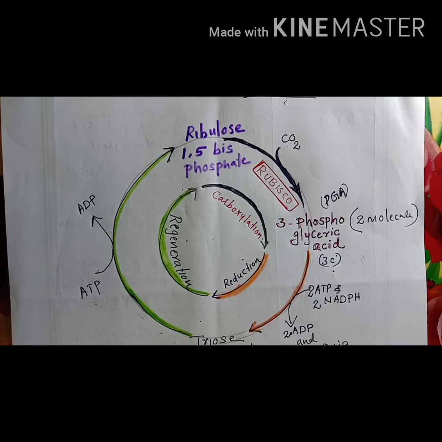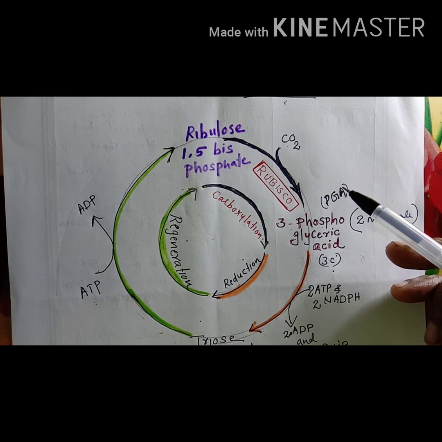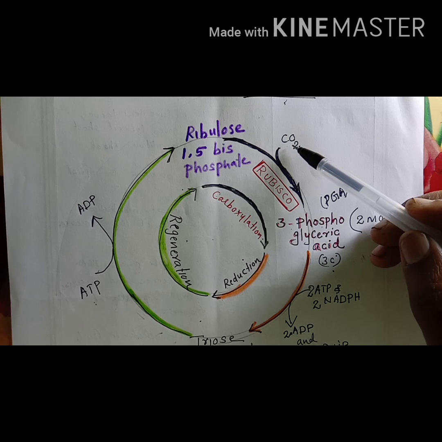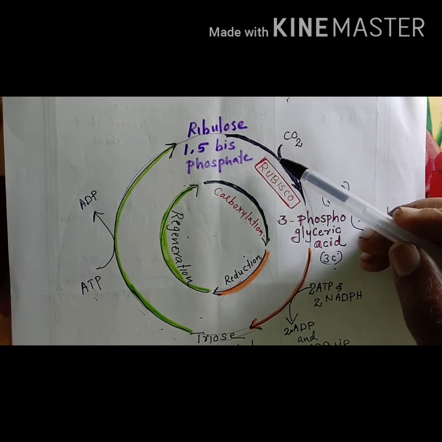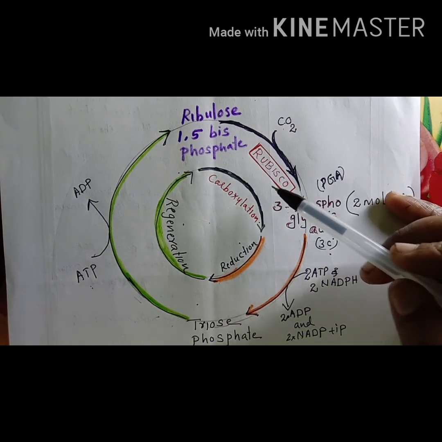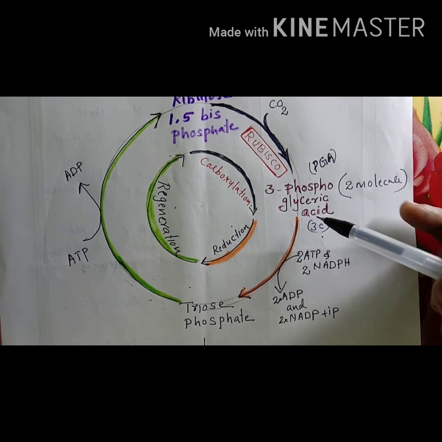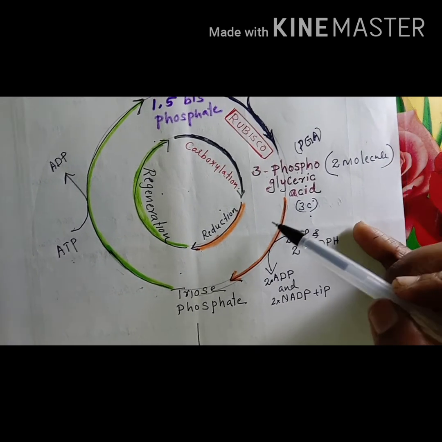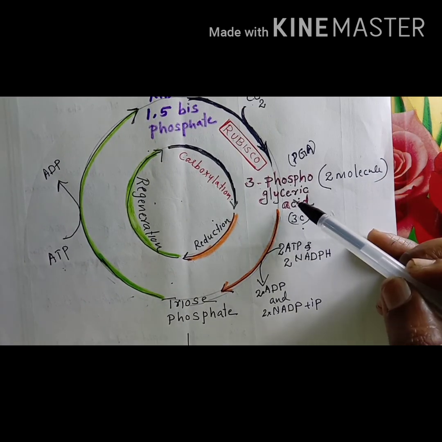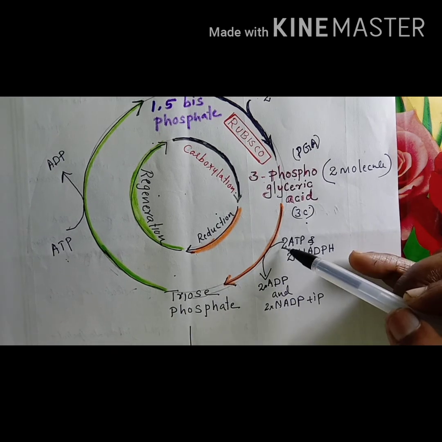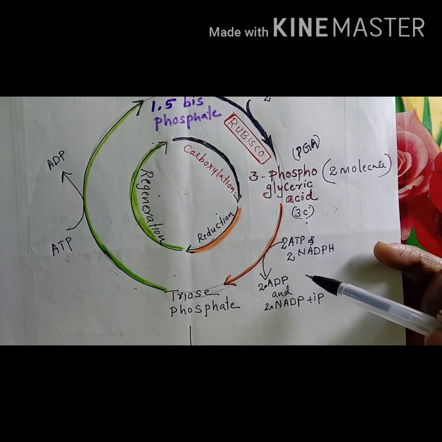Next comes how many ATP and NADPH are utilized for the fixation of 1 molecule of carbon dioxide. Here we have 1 molecule of carbon dioxide. During the first step, carboxylation, no ATP or NADPH is utilized. But during reduction, as 2 molecules of PGA are formed, to become triose phosphate it requires 2 ATP and 2 NADPH.